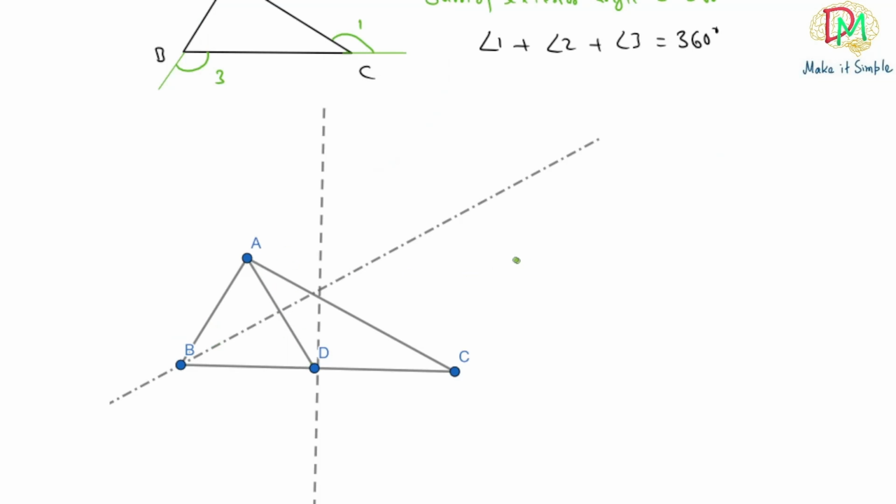So here ABC is a given triangle and D is the midpoint.